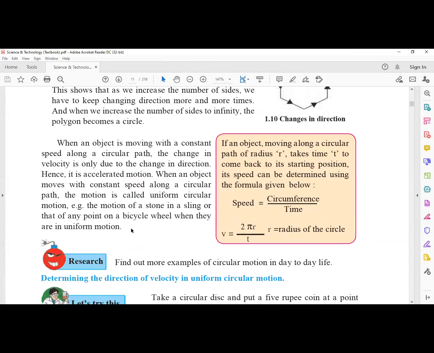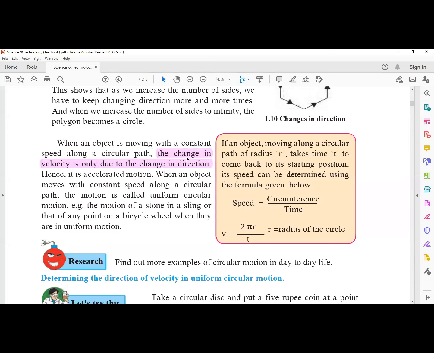See, there is a basic definition given here of uniform circular motion. When an object is moving with a constant speed along a circular path, the change in velocity is only due to the change in direction, as we have studied earlier. Change in direction as well as change in speed both affect the velocity of an object.